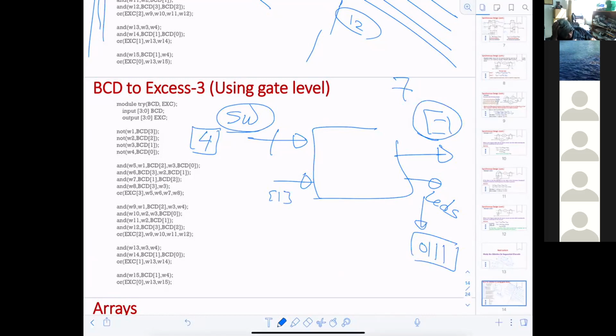Then if I put this at 0, what will happen? The output here will be 4, and representing here 4, that means it didn't do the excess-3, it just passed the output. From your point of view, how am I going to build this circuit?